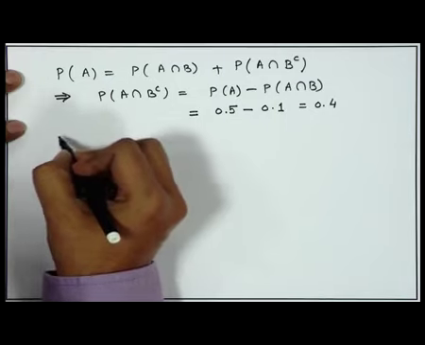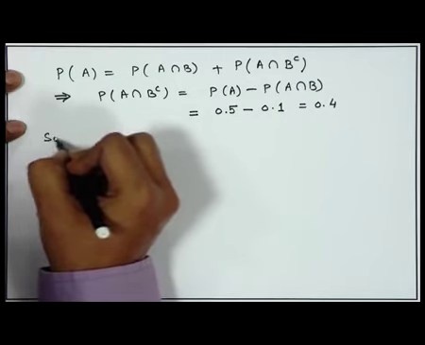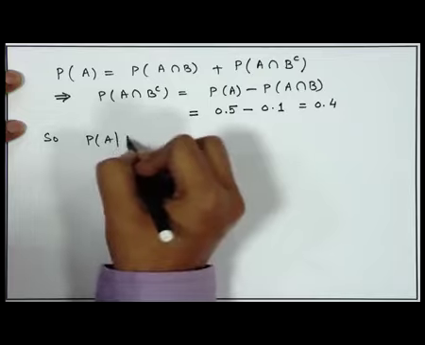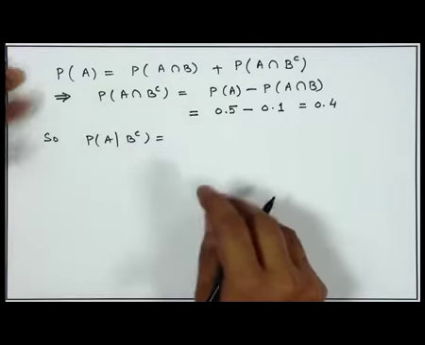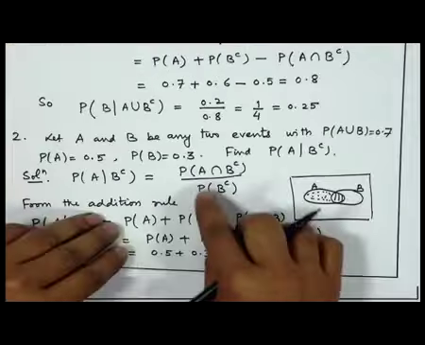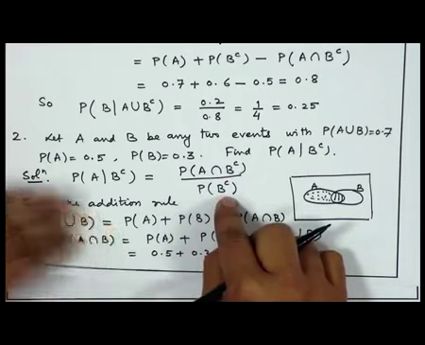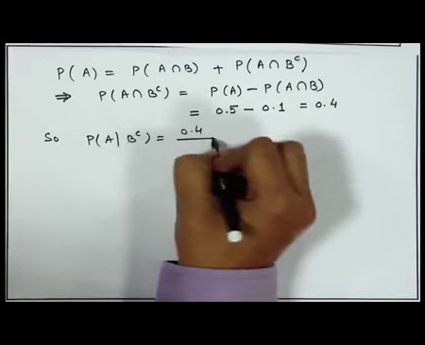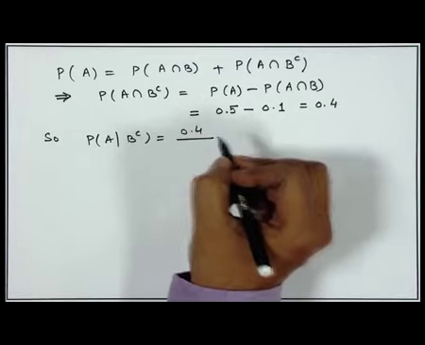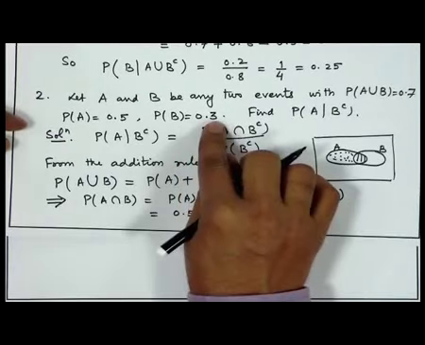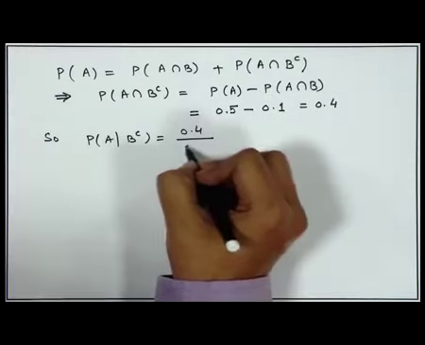So, if we substitute, probability of A given B complement, we calculated it to be probability of A intersection B complement divided by probability of B complement. So, we substitute the values: 0.4 divided by probability of B complement, which is 0.7.